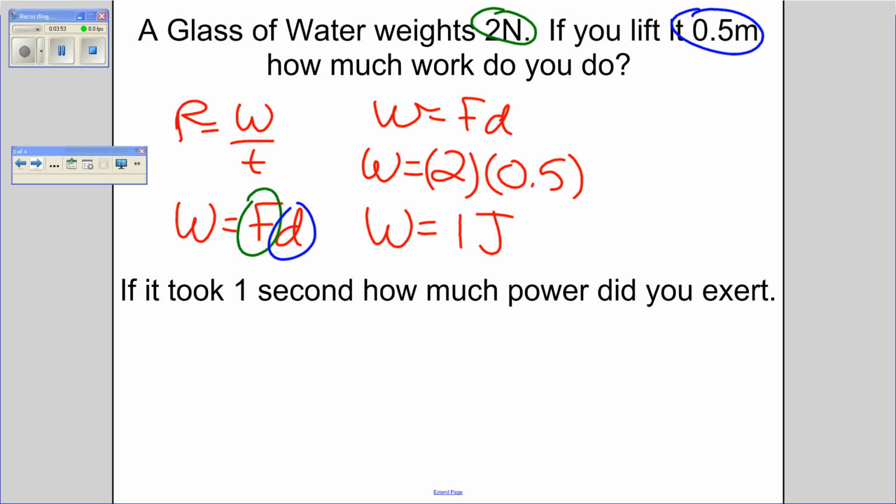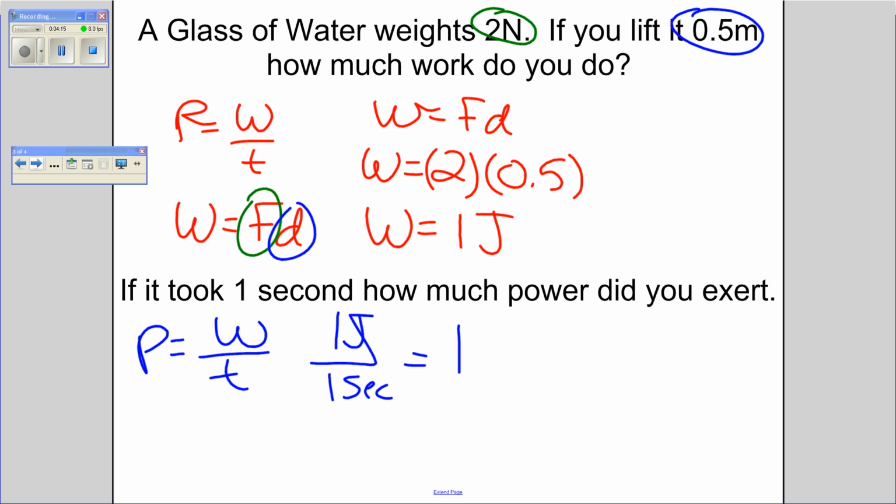But how much power did you just exert? Well, if it only took you 1 second to do that, and power equals work divided by time, then you did 1 joule of work in 1 second. So you just did 1 watt of power.